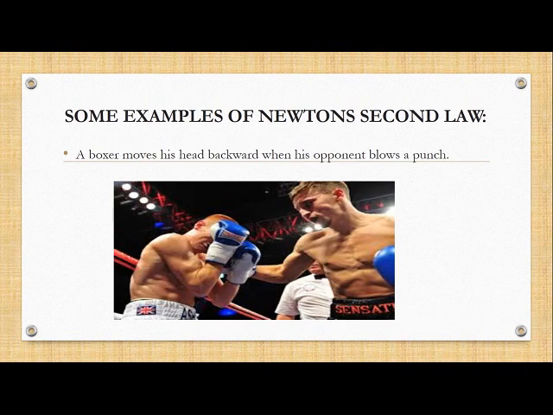In this picture, children, two boxers are boxing, like they are trying to hit each other. Now you can see the other boxer, he has lowered down his head. Okay, right? And why does he do that? He does that so that when the other player hits him, less momentum is produced, and in this way he gets injured less.